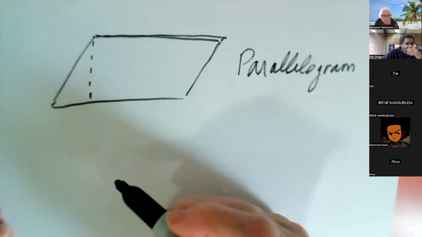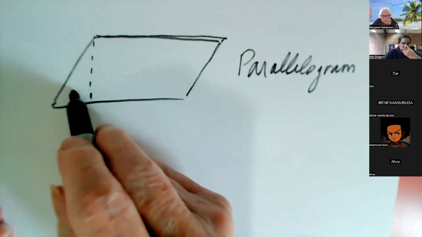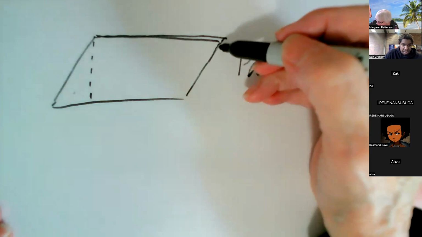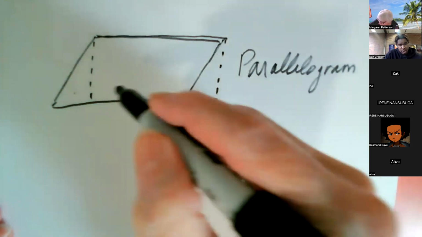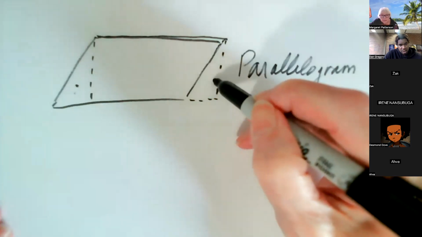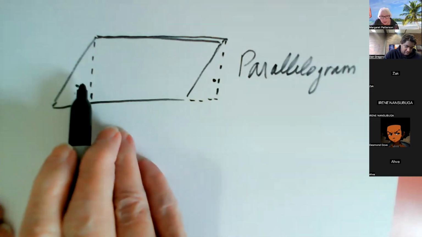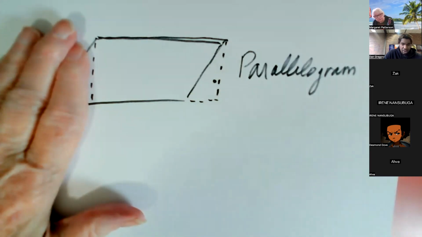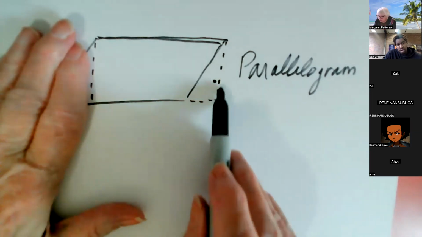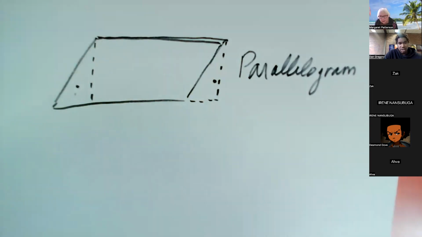This is a visual. You see that little corner, this little triangle here? What if I picked it up and put it over here? I'm going to take this up and put it over there. What do I have? A rectangle. It's a visual rectangle.